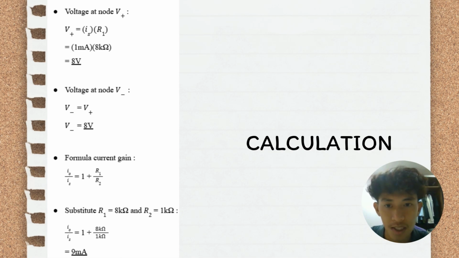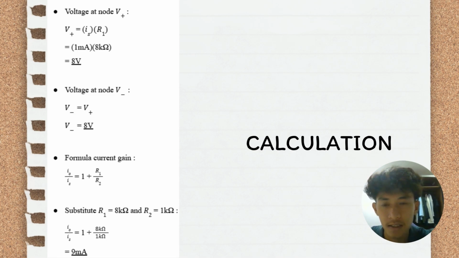As you can see here, first we need to calculate the voltage at node V positive. V positive equals IS times R1. IS is 1 milliampere times R1, which is 8 kilo ohm.